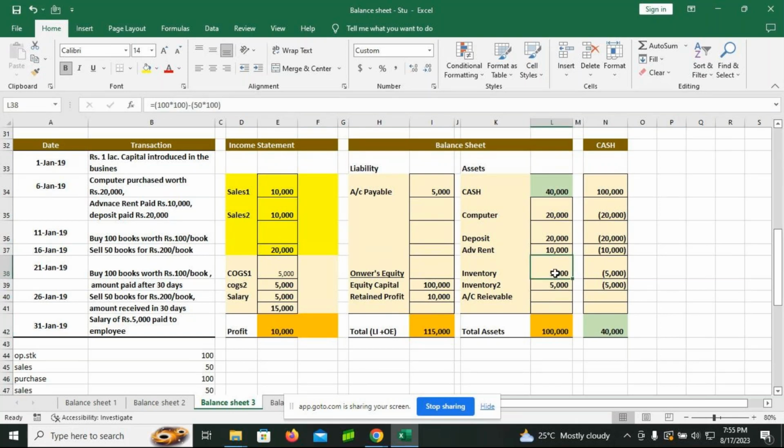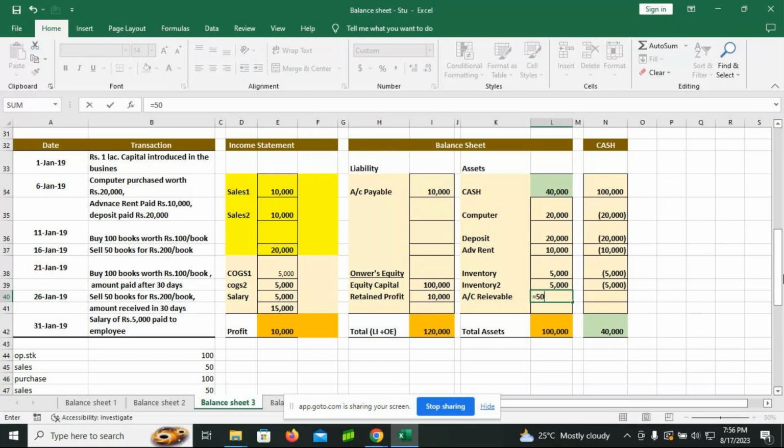Guys, are you able to make out where what has gone wrong? Account payable. So that is 11.